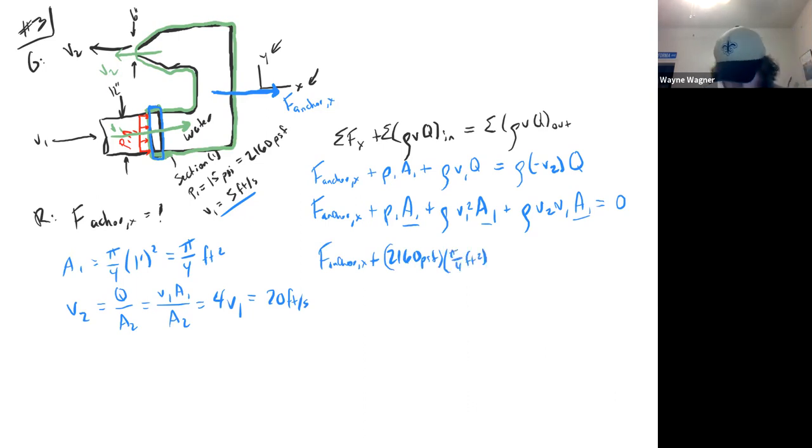So that gives units of pounds, plus rho. The rho of water is 1.94 slugs per cubic foot. Oh, we hate those units. Okay, V1 squared, which is 5 feet per second squared, and A1, which is pi over 4 feet squared.